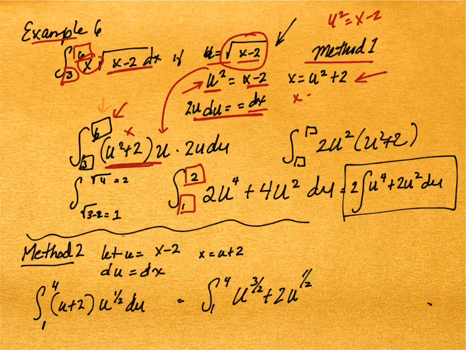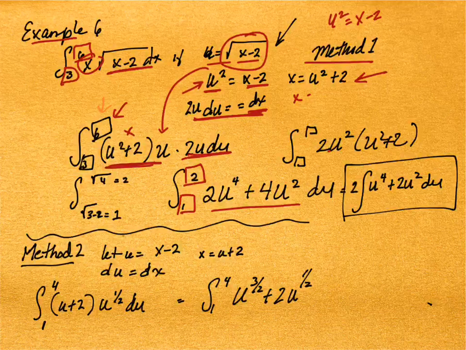So we end up with this function, and if you multiply it out, what did dx become? It was 2u du. So you have u squared plus 2 times 2u du, which is 2u times u squared plus 2. If you multiply that out, you get 2u to the 4th plus 4u squared from 1 to 2 du.